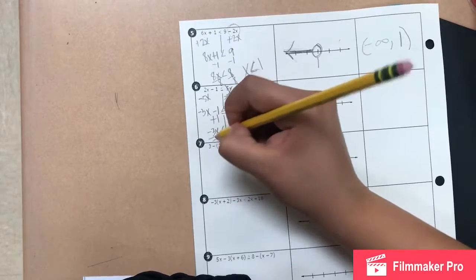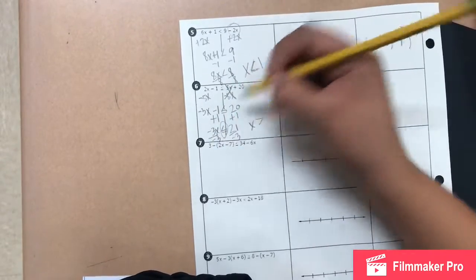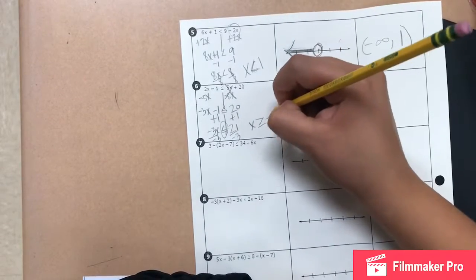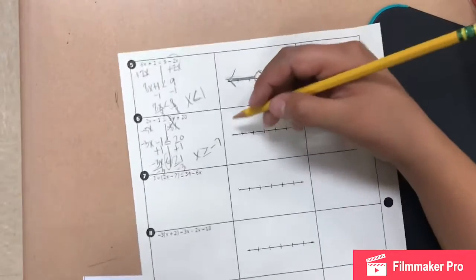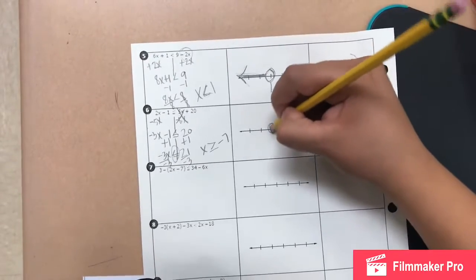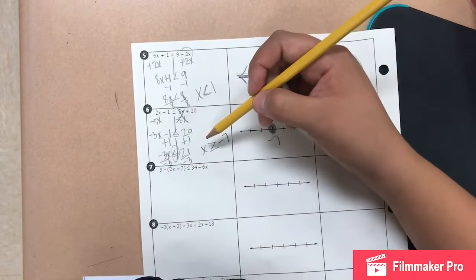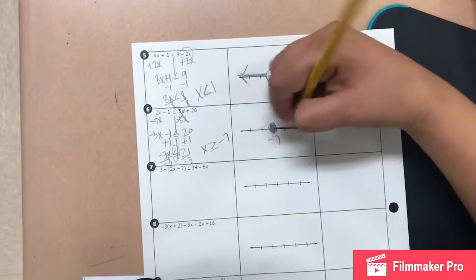Divide by negative 3. Since I did divide by a negative, it flips from less than or equal to, to greater than or equal to. 21 divided by negative 3 is negative 7. On a number line, this is a closed circle on negative 7. I look for values where x is greater than negative 7, and those are to the right.